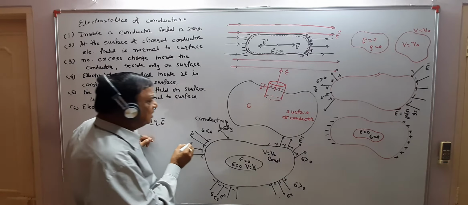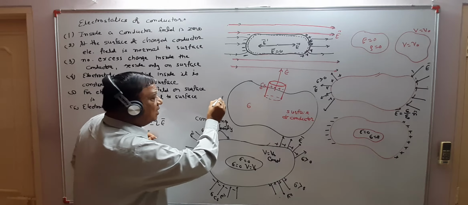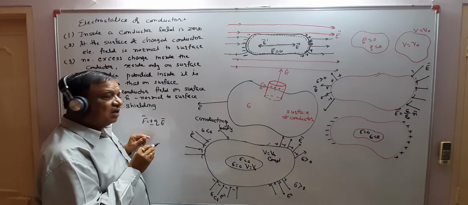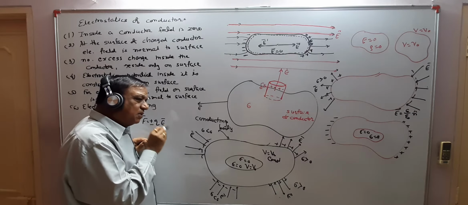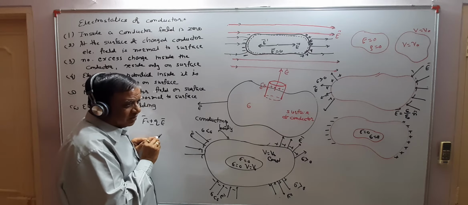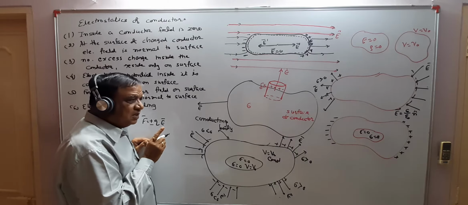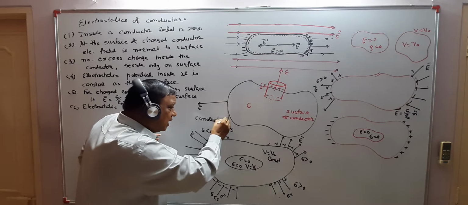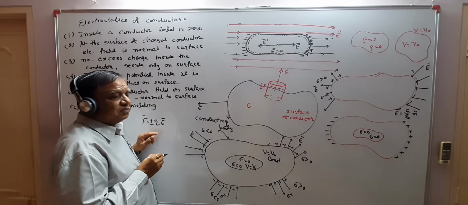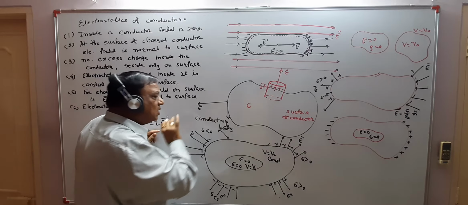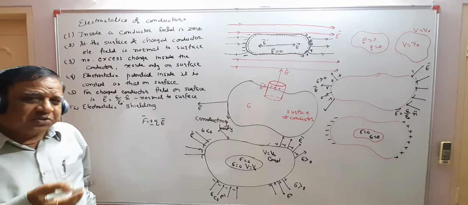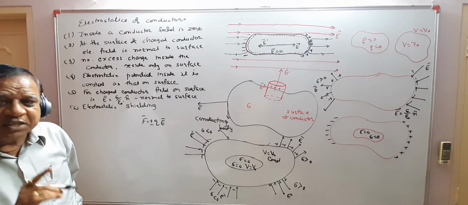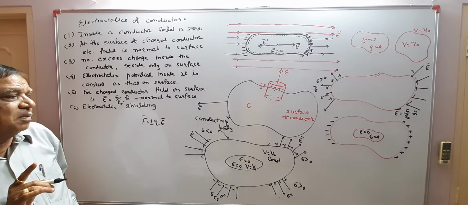Suppose the field were not normal to the surface, meaning it has a component along the surface. If not normal to the surface in any situation, then there must be a tangential component of the field.